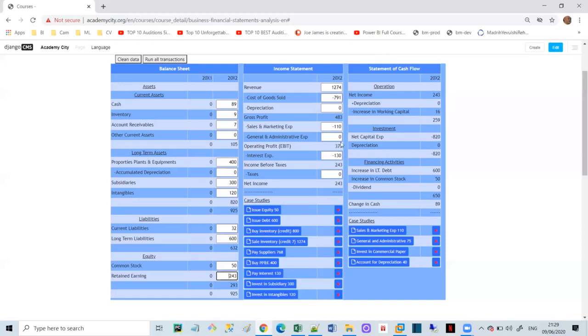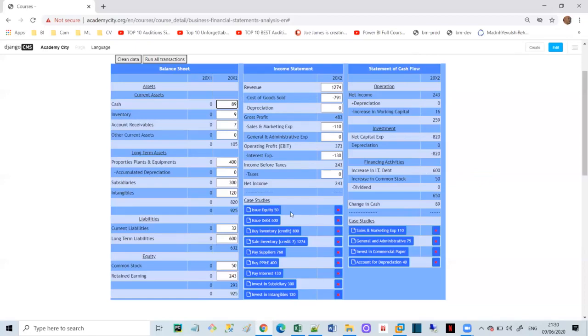So the 110 decline here is really declining net income, and therefore we have less cash. The cash going down by 110 is also reflected in the statement of cash flow by having a lower net income. Lower net income by 110 would eventually reduce my cash in the calculation by 110. And that's really linking those three statements together.